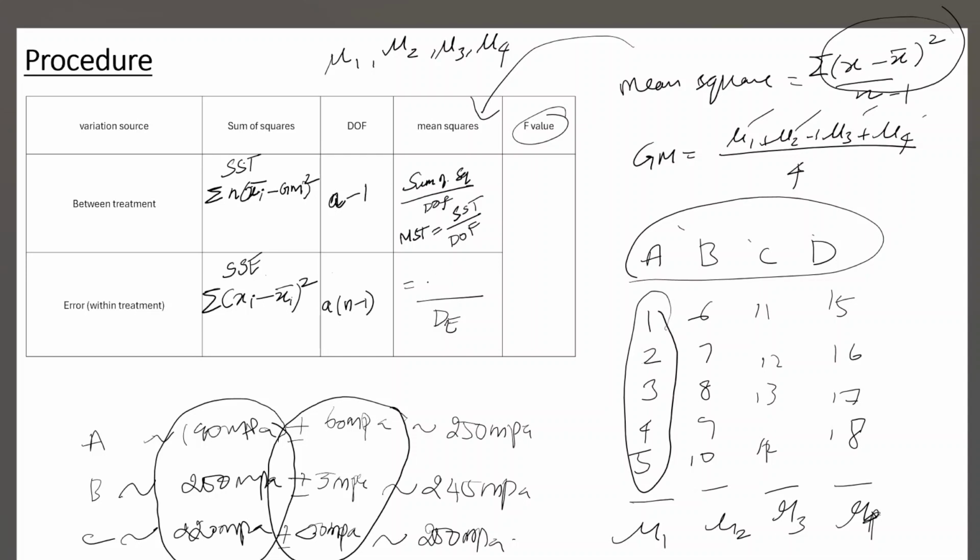And then MSE is given by SSE divided by de. So now we have found MST and MSE. Just divide MST by MSE, and that is the value.